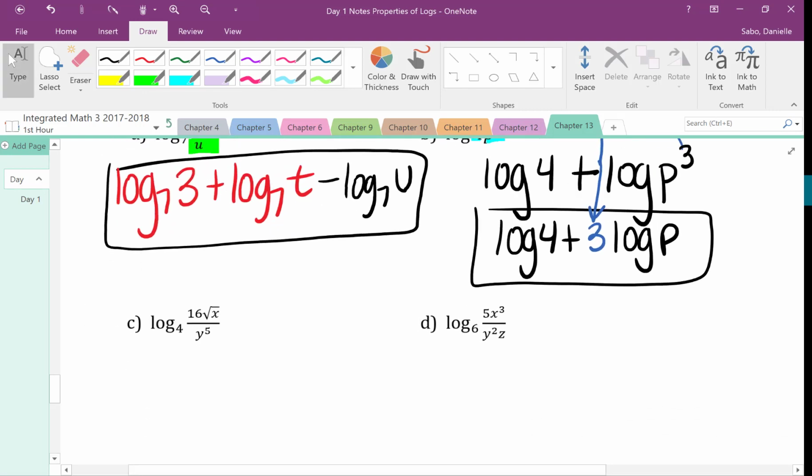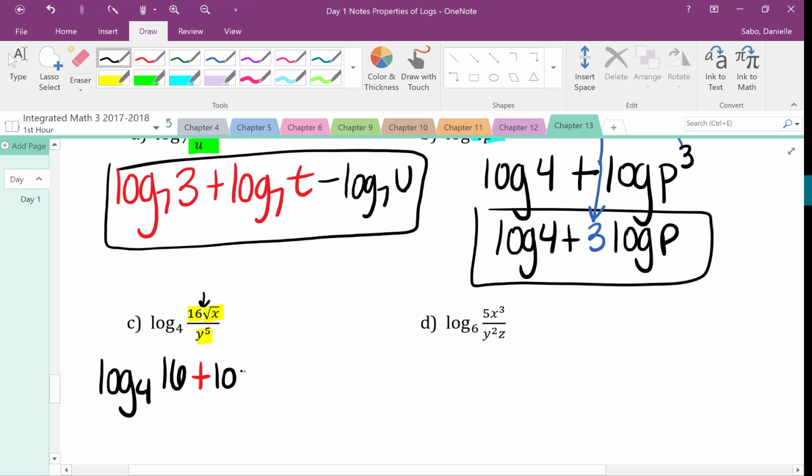All right, so here we go. I have 1, 2, and 3 pieces. So how many logs do I need? 3. What operation is right here? Multiplication. So what operation is going to be in between them? Addition. Awesome. So that's why I'm going to put the addition in between.